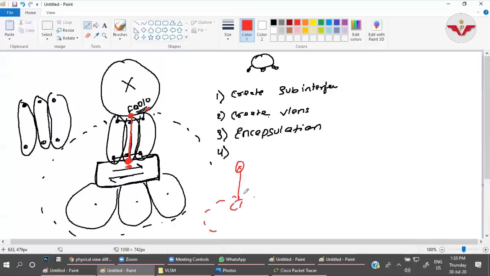But here we have a very large network: VLAN 1, 2, 3, 4, 5, 6, 7, N. So this VLAN information is being forwarded to the router through which port? This port. Just say the router is an elephant. It's a very huge network. So the router is getting the food of the network information from where? From this port of the switch. So you have to make the port which is connected to the switch a trunk port.